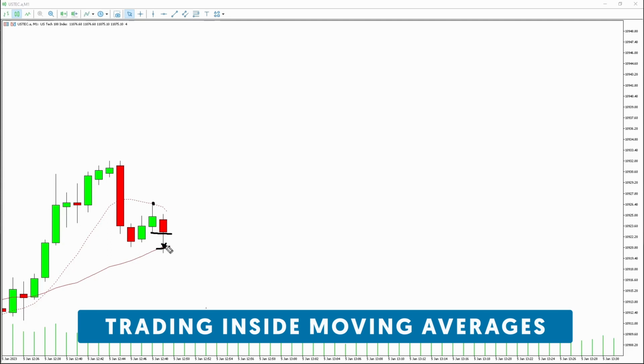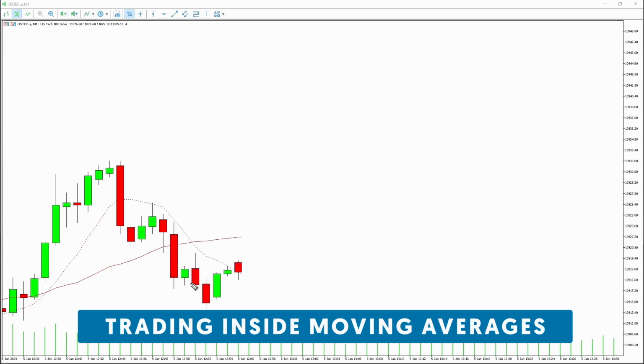Because now we are in that situation where you don't know what's going to happen. This 20 moving average may push the price to the upside again, or it may eventually break and start a downtrend. But now we need to see how the price reacts.